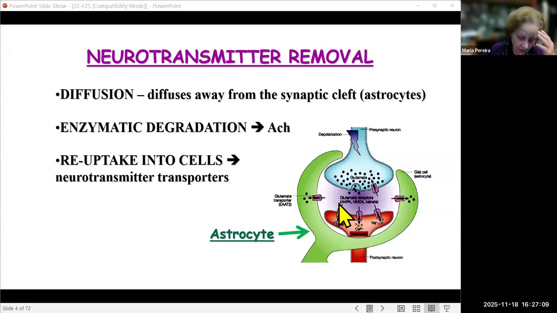And you have acetylcholinesterase right there that will metabolize the acetylcholine. Part of it is going to go back into the presynaptic knob and it's used to synthesize more acetylcholine.